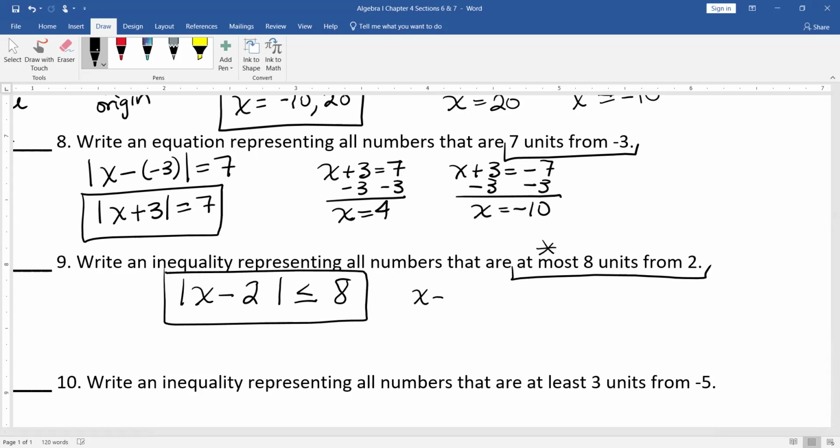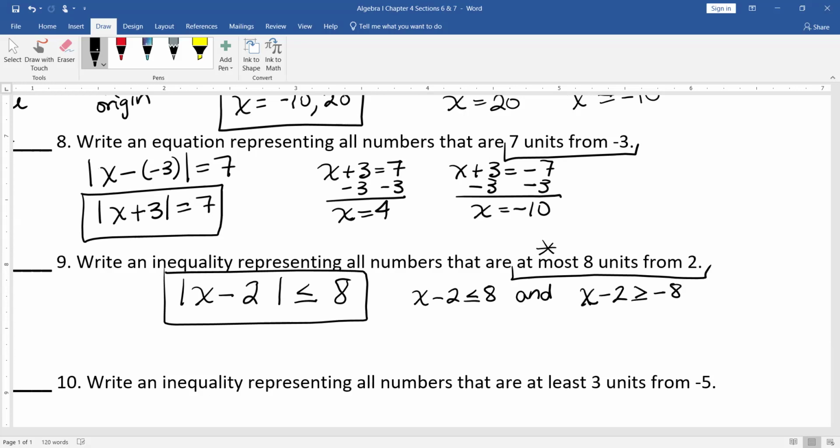I have x minus 2 is less than or equal to 8. And this is a conjunction, so it's an and statement. x minus 2 is greater than or equal to negative 8.